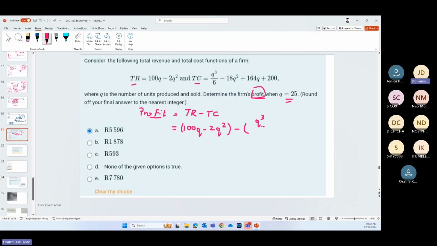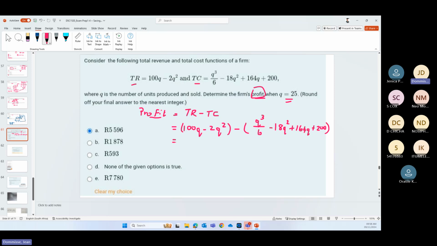Even if we work now with strange numbers, like a Q to the third, it still doesn't mean that we need to make it simpler by differentiating. It's different if they would have asked us marginal revenue, then we need to differentiate. Here they're just looking at total revenue and total cost, and we need to work out what the profit is when the quantity is 25.